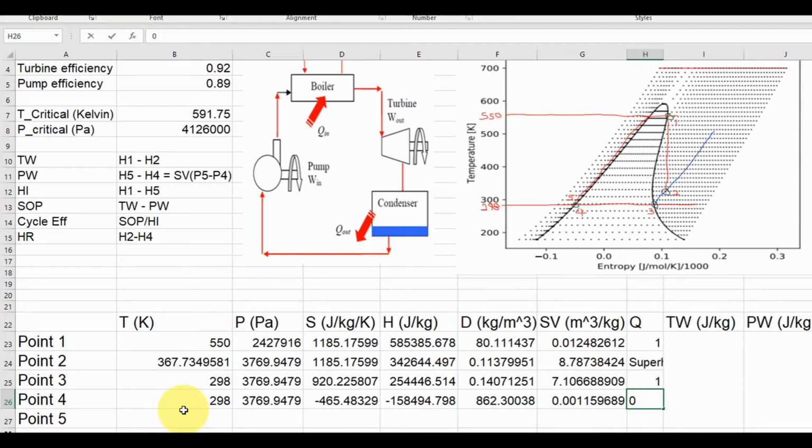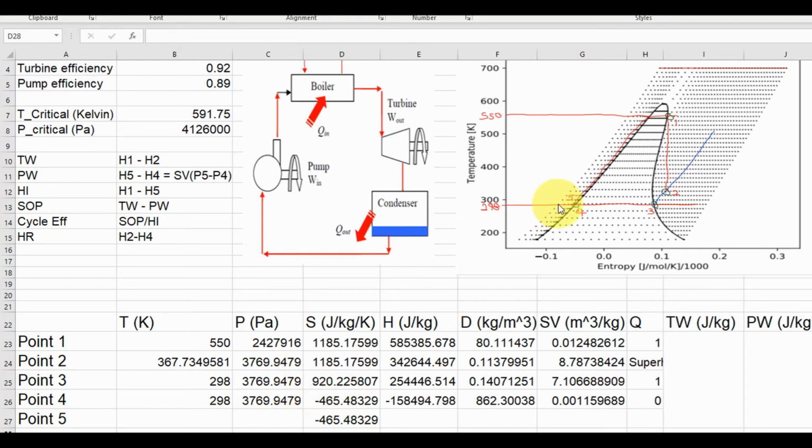What do we know at point 5? Okay, at least at point 5, we know that the entropy at point 5 will be the same as the entropy at point 4, since it's an isentropic process. So this is equal to this. What else do we know at point 5?